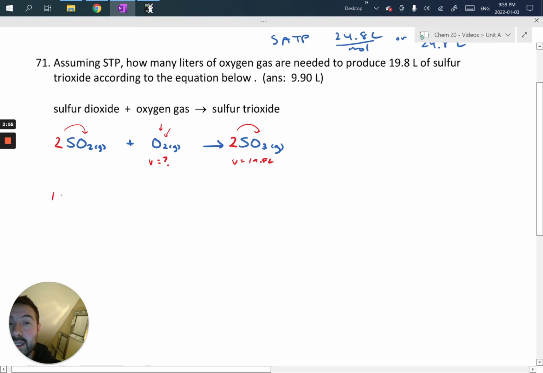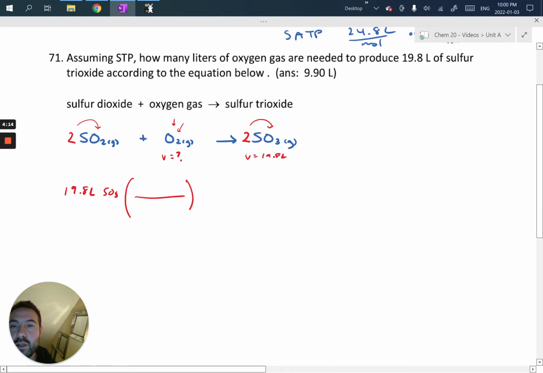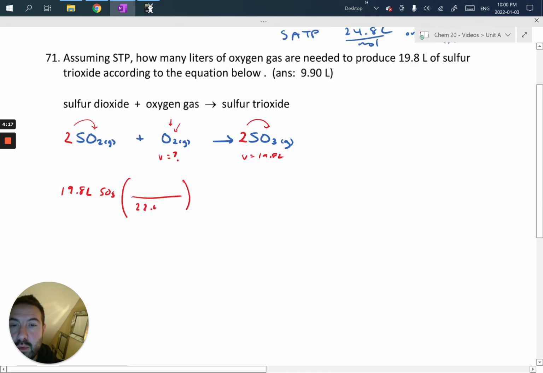So I have 19.8 liters of SO3. I'm going to convert that using my molar volume of any ideal gas at STP, and that's 22.4 liters per mole. So 22.4 liters for every mole of SO3. And now I have moles of SO3.